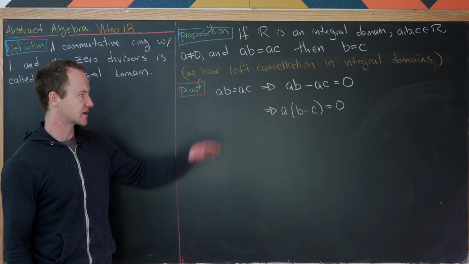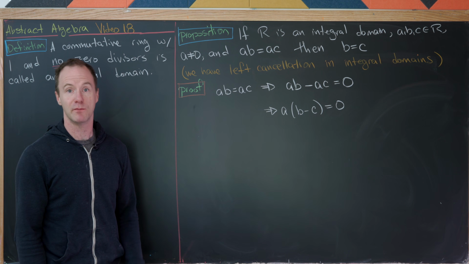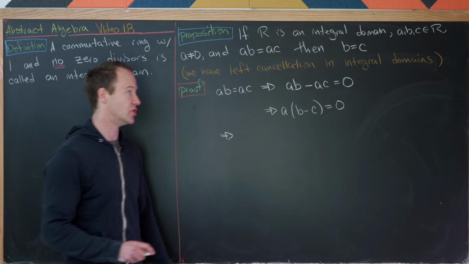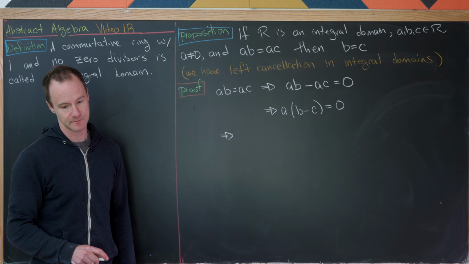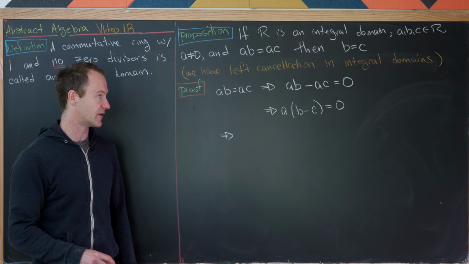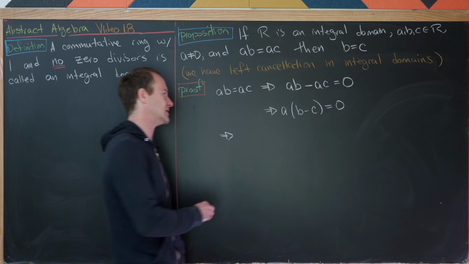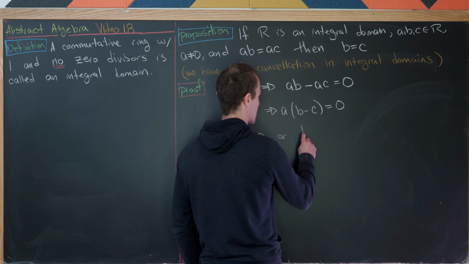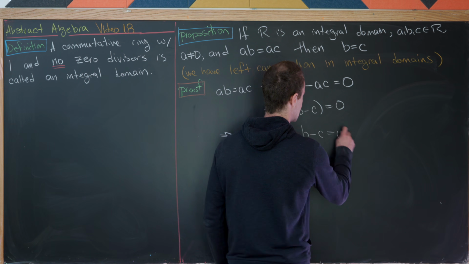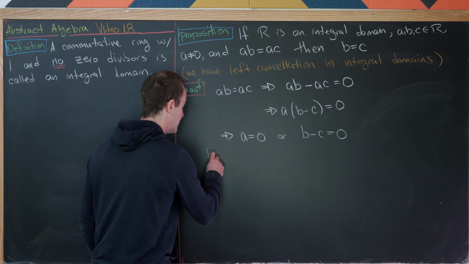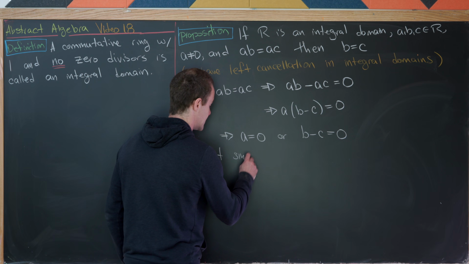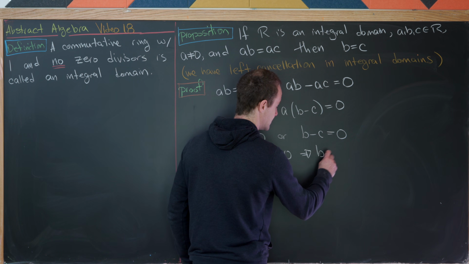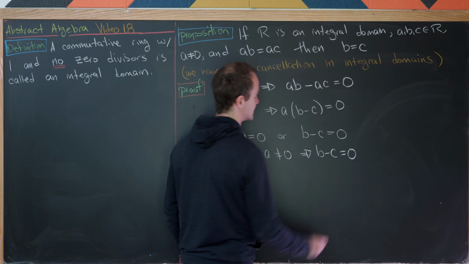So we've got the product of two things equal to 0, but since we are in an integral domain, we know there are no zero divisors. So one of those has to be equal to 0. So that means that A is equal to 0 or B minus C equals 0. But since A is not equal to 0, that implies that B minus C is equal to 0.